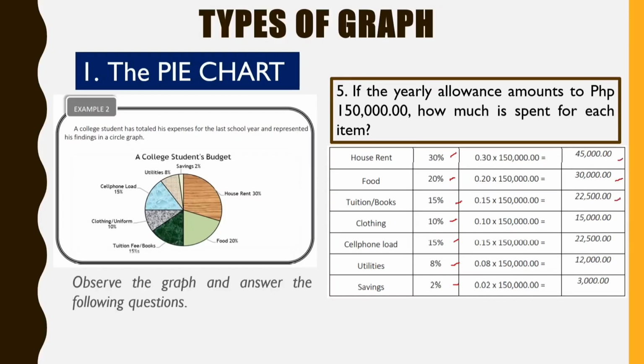As you can see, most of the budget is spent for house rent, which is 45,000. So that is the importance of graphs. We can easily identify data, or we can easily present data using graphs.